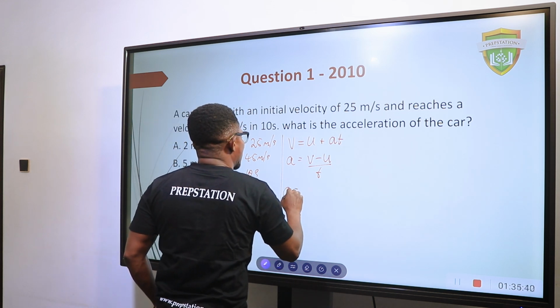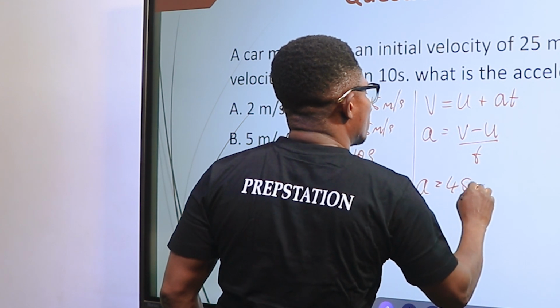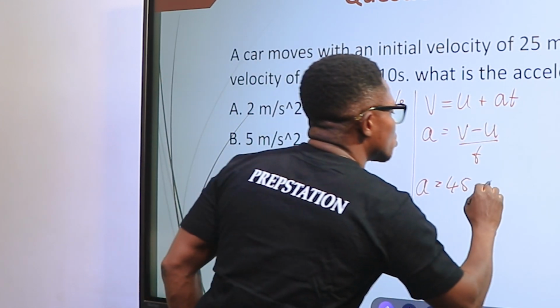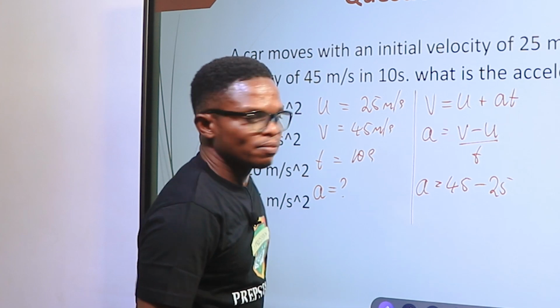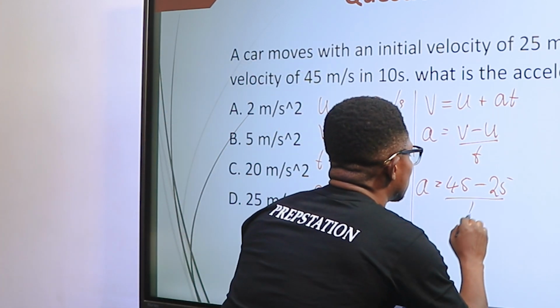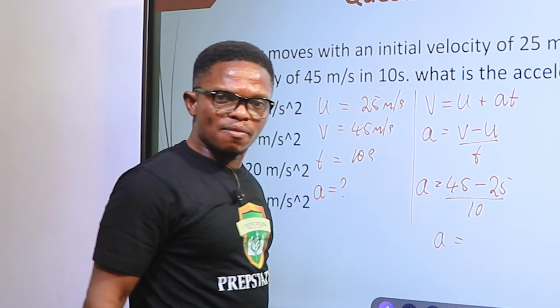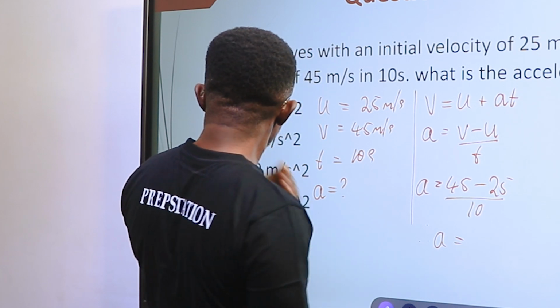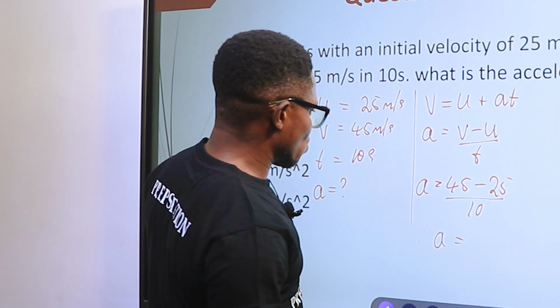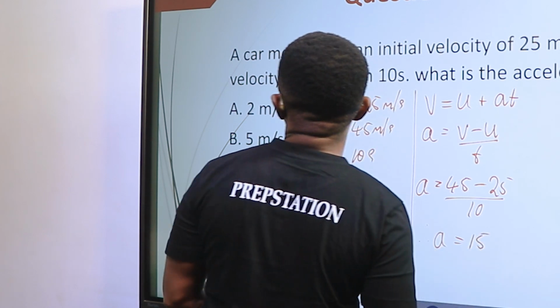So we continue. A equals, what is V? V is 45 minus U is what? 25. Then divided by, what is T? T is 10. Therefore, A will be equal to 45 minus 25 is what? That should be 15, I guess.